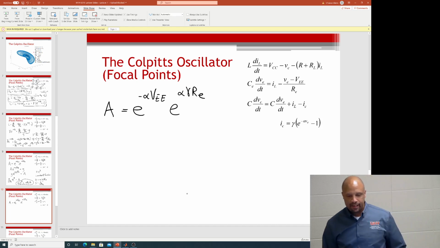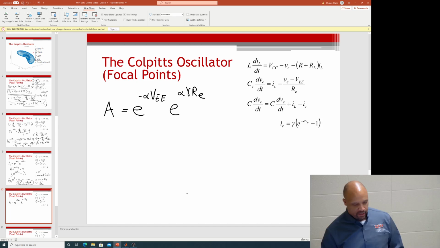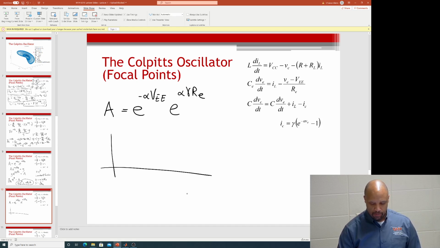So all of that is a constant. These values are all constant, so that's just a number that you can calculate. And so is alpha times RE, which is down here. So you can get that lambda function if you remember what it looked like. It had a funny looking shape, something like that.